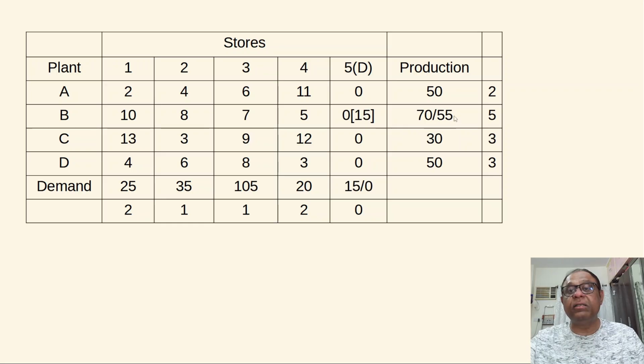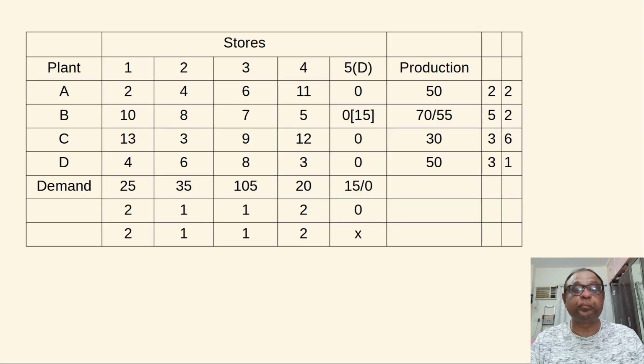So the balance here is written, that is 55. And of course, 5D is satisfied, so the balance is 0. Now remember one thing, in the future penalty calculations, column 5D will not appear because it has been satisfied. So under column 5D, we put an X.